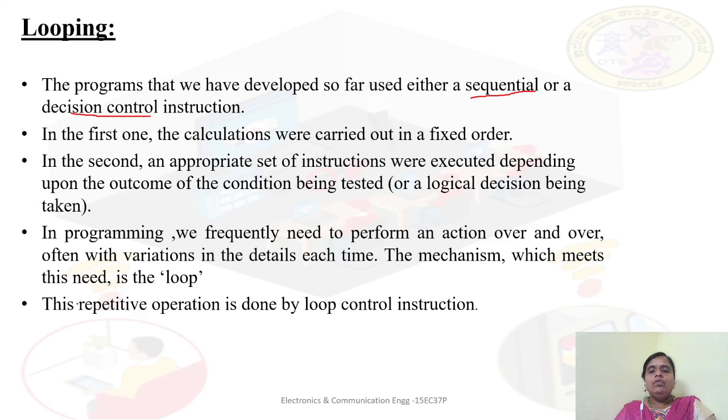So when a particular part of the program or a particular action in your program has to continuously get executed, then we say that it is looping. This repetitive operation is done by using the loop control instructions.